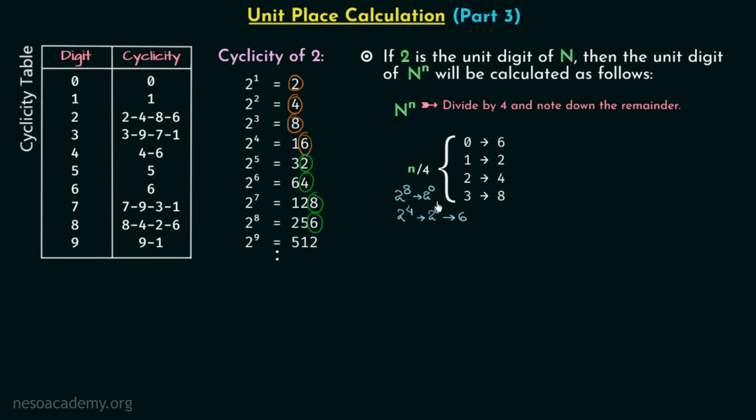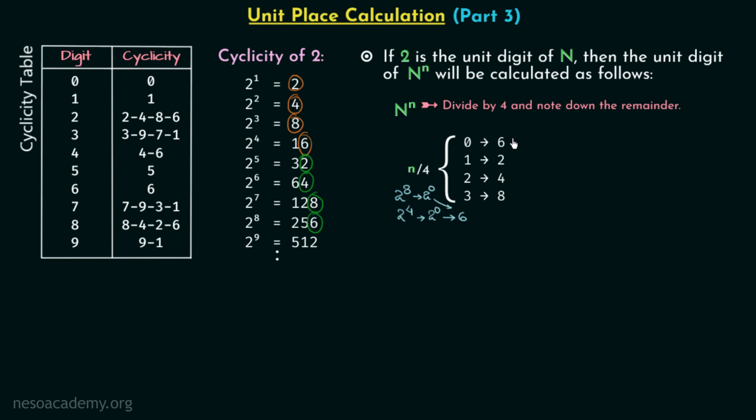This 0 is only the remainder, and therefore whenever we have 0 as the remainder, we will have 6 at the unit place. 2 power 8 will also have 6 at the unit place.